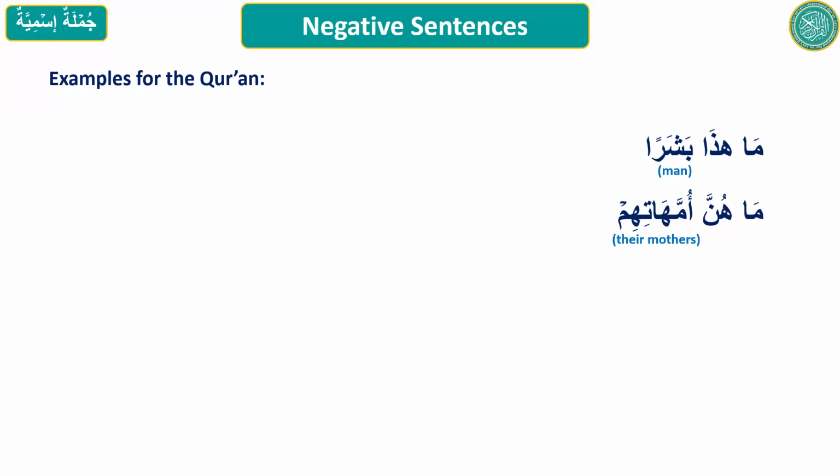Right? Yeah. Ummahatun, ummahatin. Yep. Right? So this is ummahatihim. So ummahati is in what status over here? Jar. Are you sure? Yeah. Ma, when it comes, it makes the khabar what?